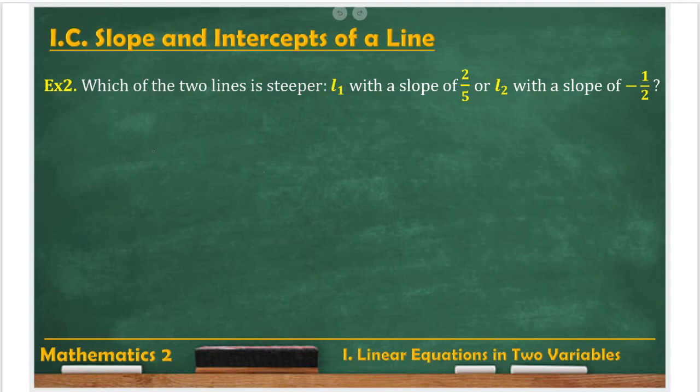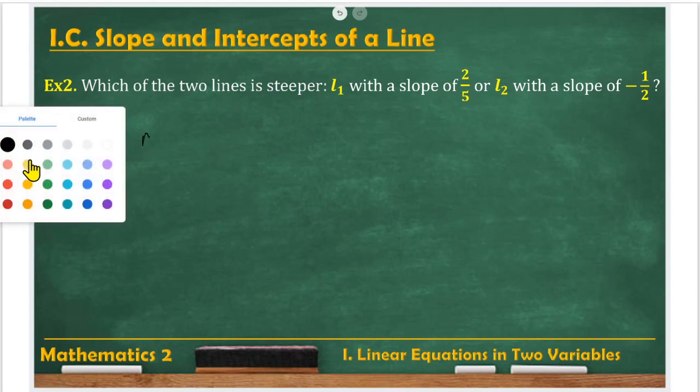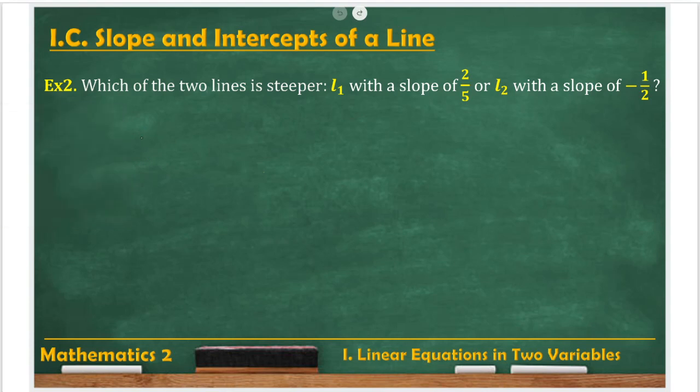So if we're going to write the given, the slope of line L sub 1 is equal to 2/5. The slope of line L sub 2 is equal to negative 1/2.